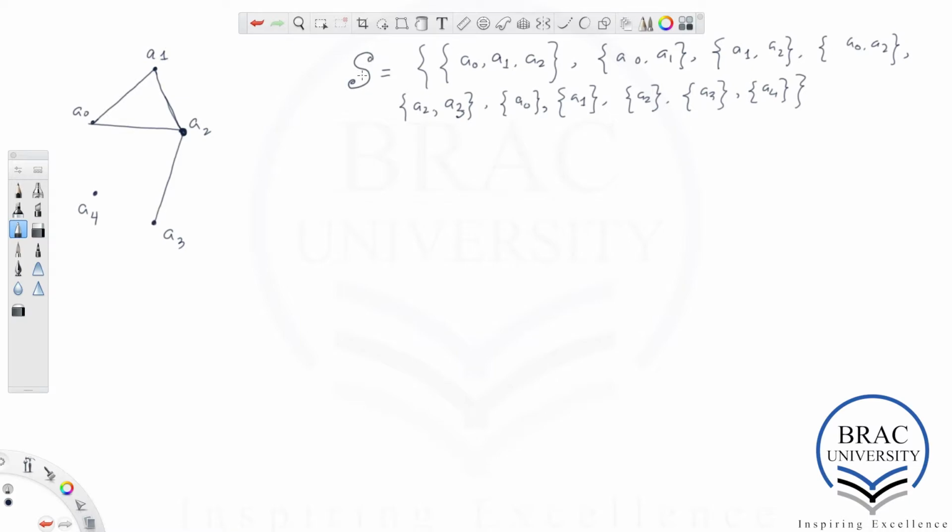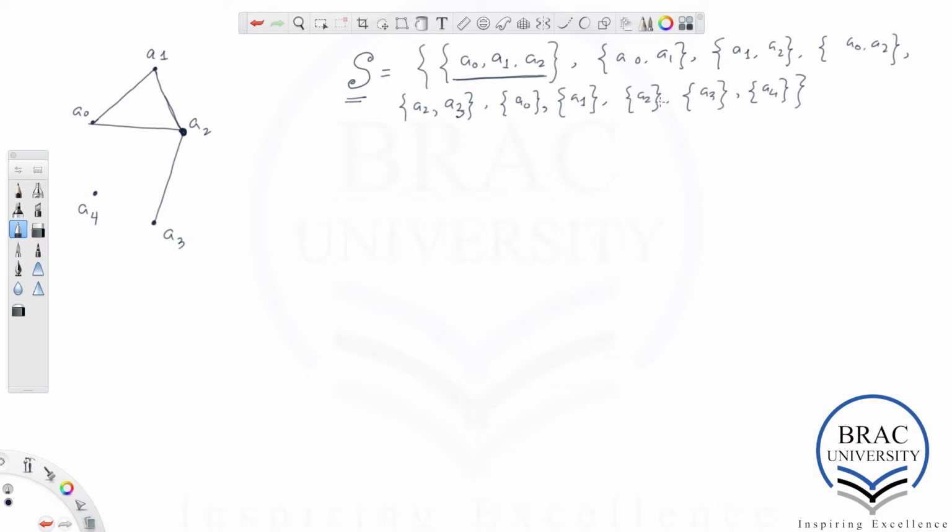We can check that it's closed under the subset operation. If we take this set, then any non-empty subset of this set is also a member of this complex S. We consider a0, a1 is here, a1, a2 is here, a0, a2 is here. The singletons a0, a1, and a2 are also here.